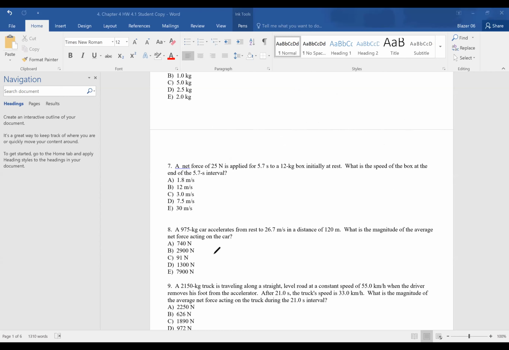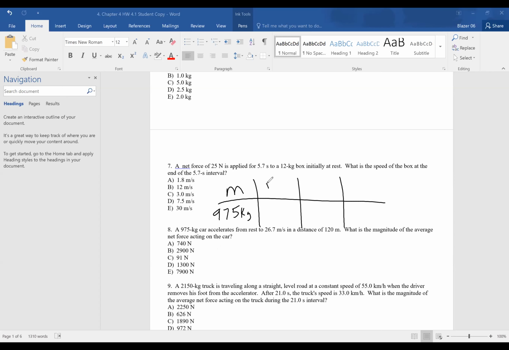Okay, problem number 8. I'm going to put the given up here so that I can have space to work it down there. A 975 kilogram, that's my mass, 975 kilograms, accelerates from rest.